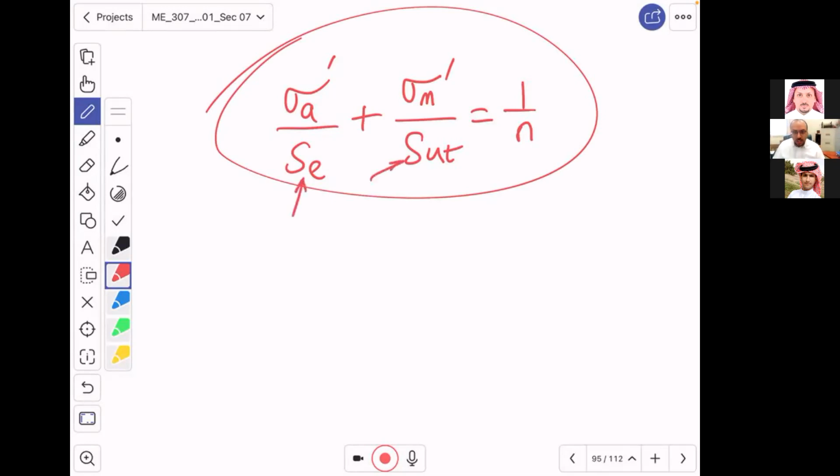Why? These were produced for cyclic normal stress, not torsion. I don't need to do torsion here. Do you understand? So I can use the tensile properties in order to judge. So the same, I can use Söderberg, sigma prime a over Se plus sigma mean prime over Sy, which is 1 over n. Beautiful, right?